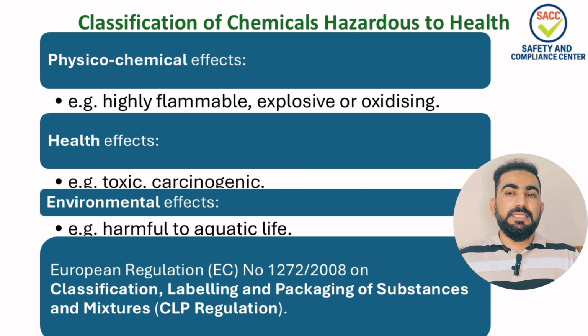To make sure these hazards are clearly identified, there is a European regulation, also known as the CLP regulation, which stands for classification, labeling, and packaging. This regulation ensures that substances and mixtures are properly labeled using standard symbols and warnings so that workers and consumers can recognize the risks and handle them safely.